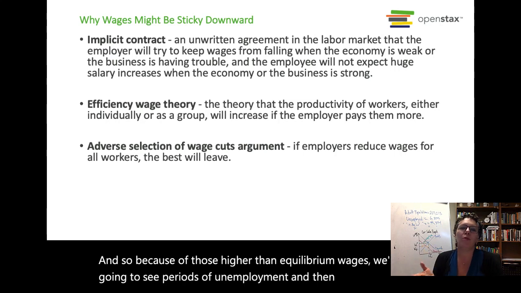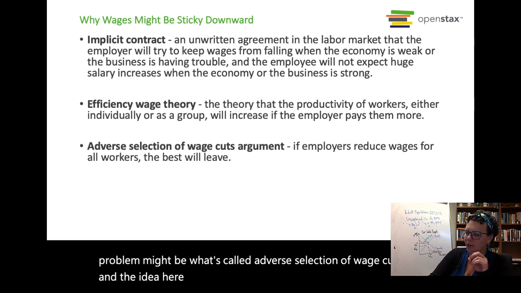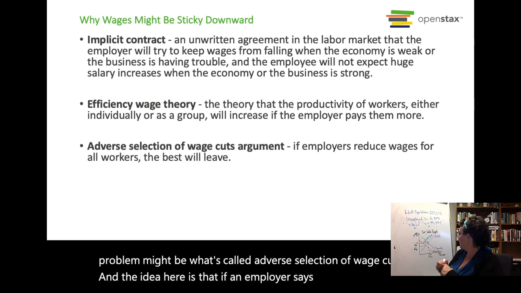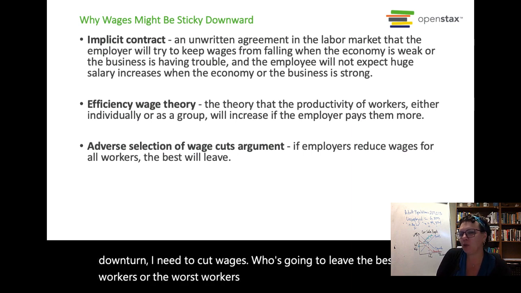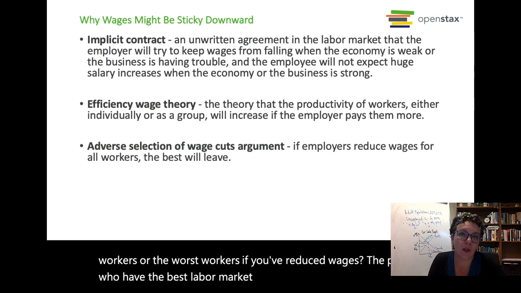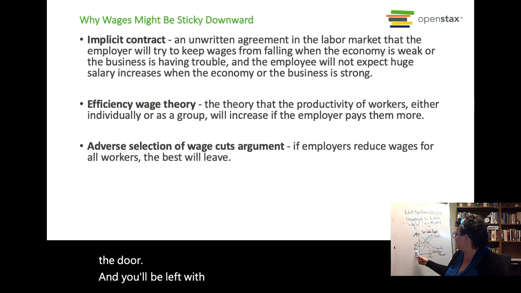And then the other problem might be what's called adverse selection of wage cuts. And the idea here is that if an employer says, oh, wow, there's been a downturn, I need to cut wages, who's going to leave? The best workers or the worst workers? If you reduce wages, the people who have the best labor market options will be the first ones out the door, and you'll be left with paying these equilibrium wages to the worst workers.